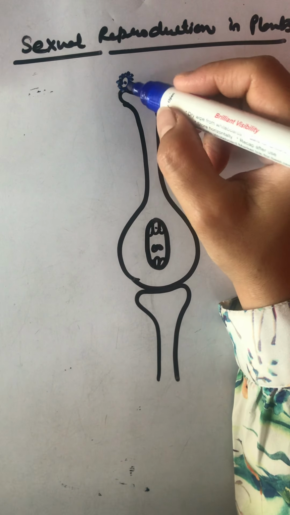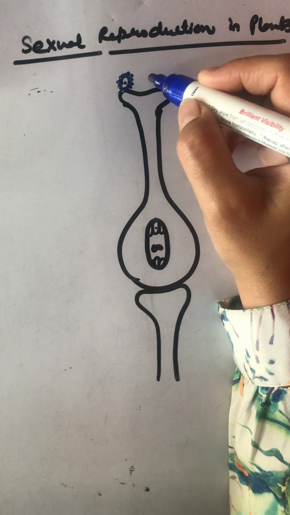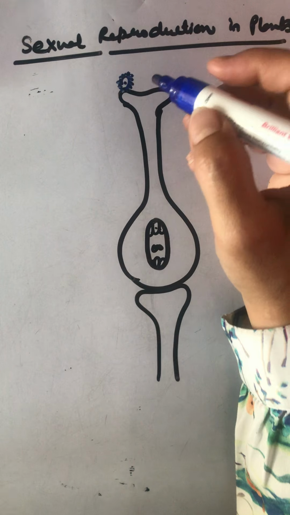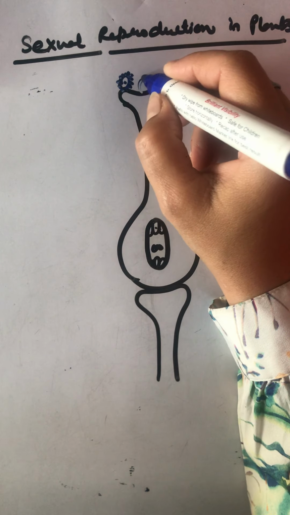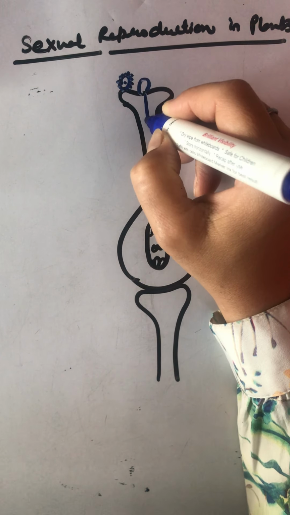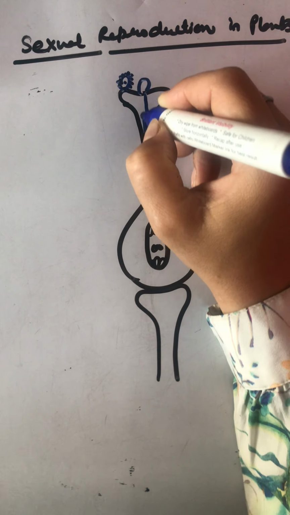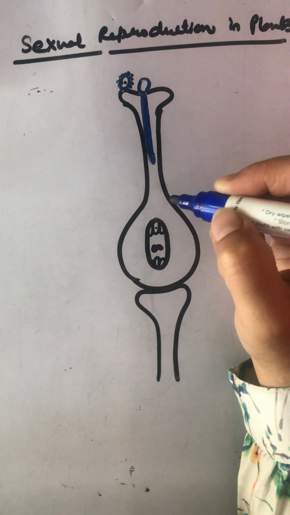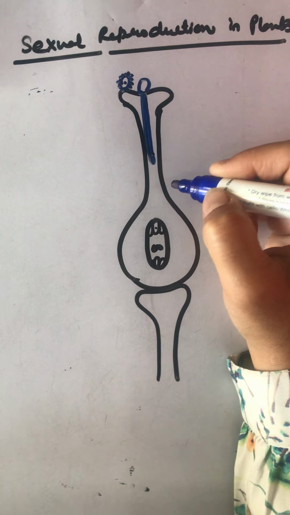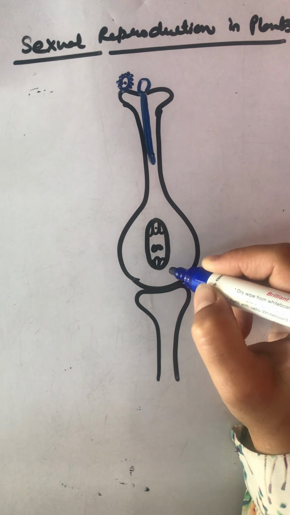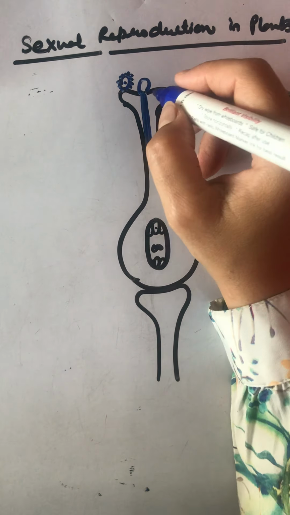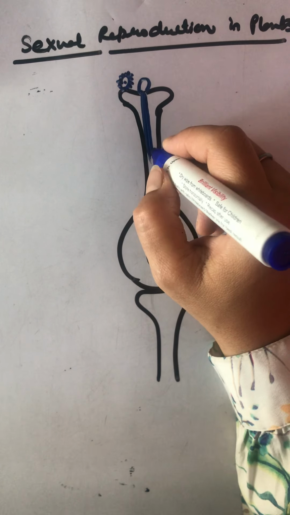Now this absorbs water and will swell up. Then what will happen? One of the pollen tubes grows into the stigma this way, passes through the style and then moves towards the ovarian cavity. What will it carry? It will carry two male gametes with it.